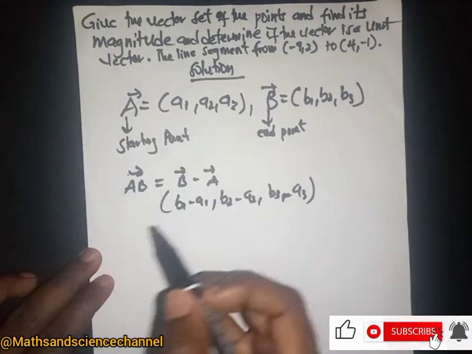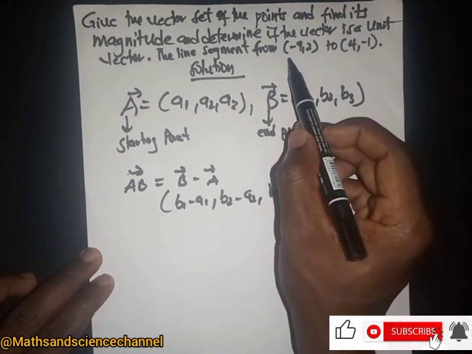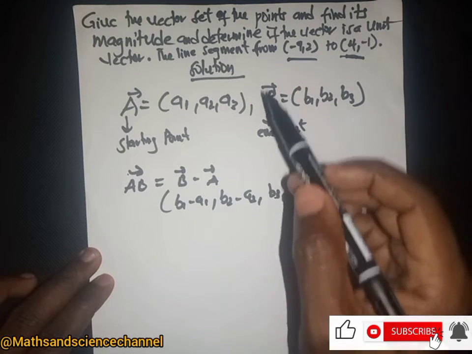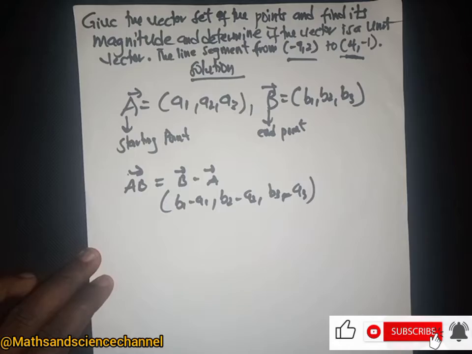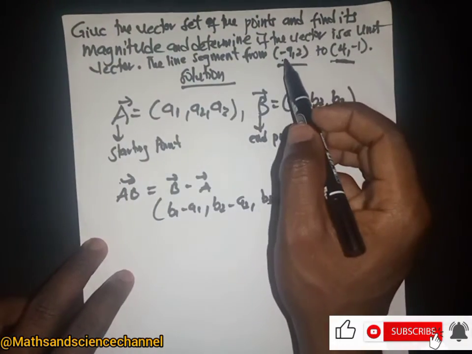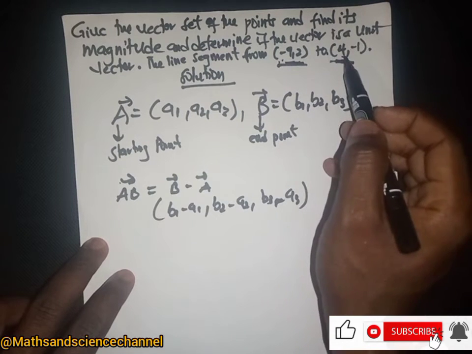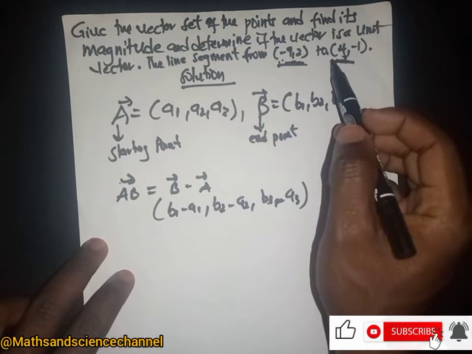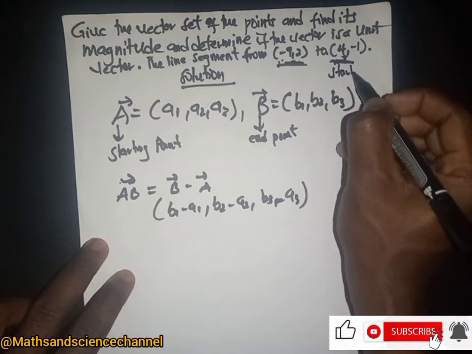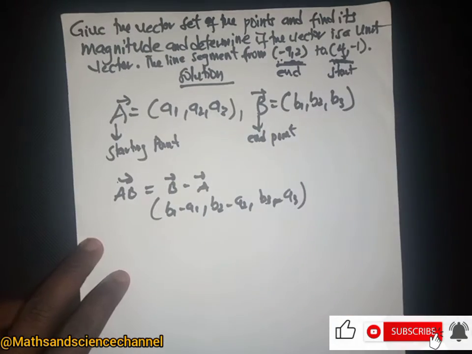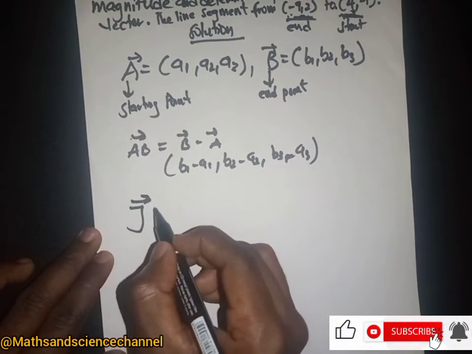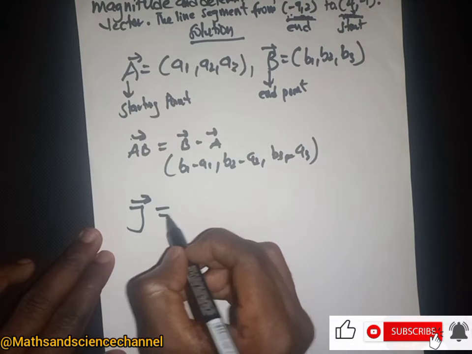Now from the question given over here, we have a set of points, that's the line segment, from this point to that point. So we have this place being the starting point and this place being the end point. If we call that vector j, then vector j is equal to the end point minus the start point.